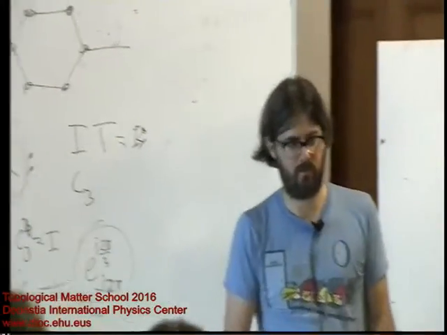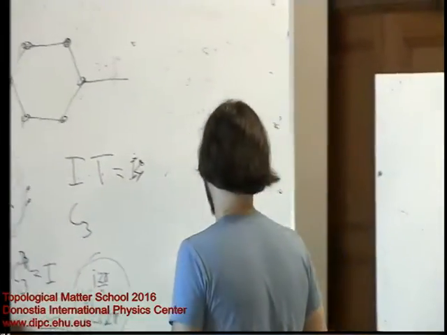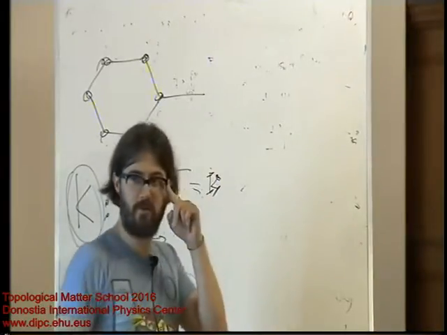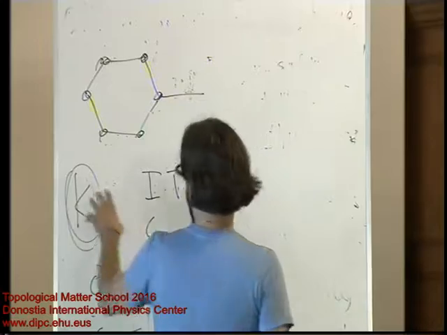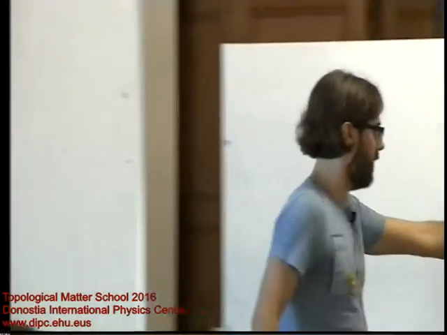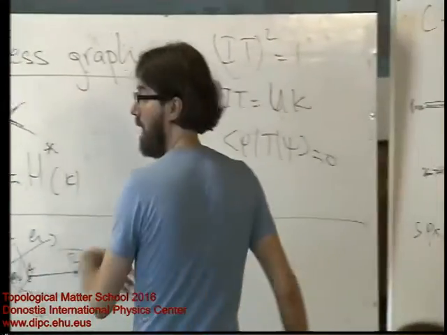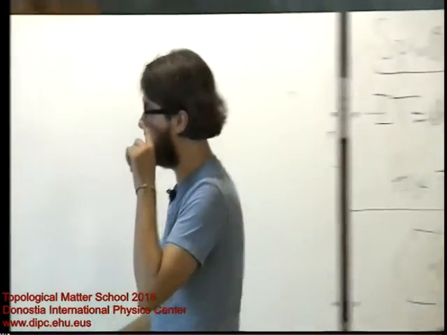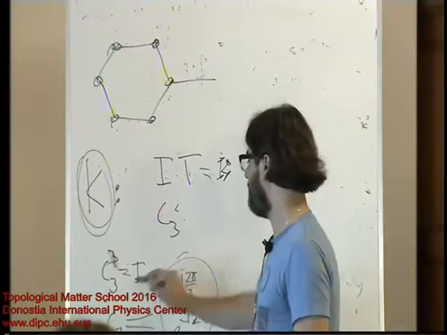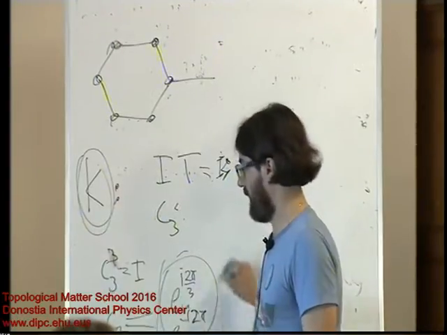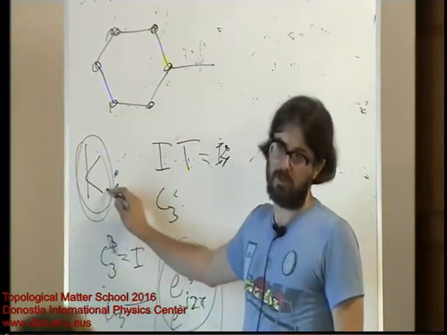That they are degenerate. Is that clear? Yes? No? Should I go through it? So the point K in graphene, which is this point, is not a time reversal invariant point. It's invariant under inversion times time reversal and C3. I can diagonalize my Bloch Hamiltonian at this point.